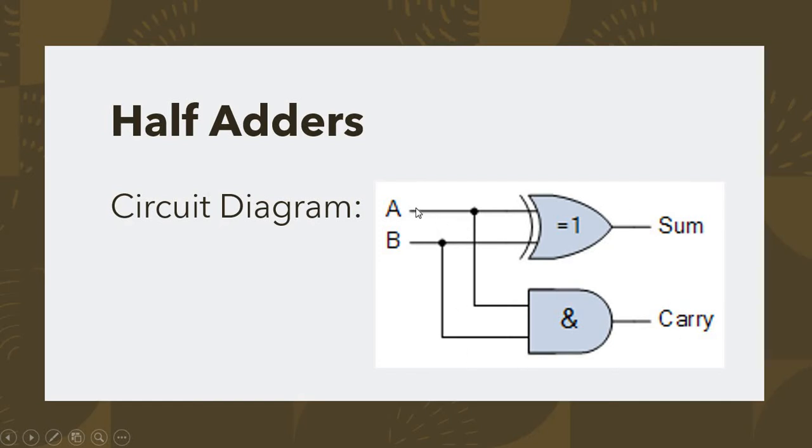But if the input for your A is 1 and the input for your B is 1, then 1 XOR 1 gives 0, and 1 AND 1 gives 1. So the carry is 1 and the sum is equal to 0. Again, take note of the truth table of each logic gate.